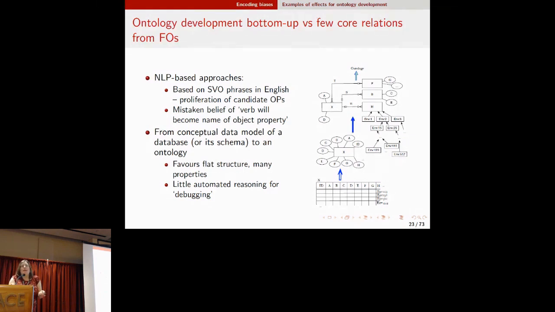And that is the foundation, basically, of relational databases. They are called relational for a reason. But with that kind of flat structure, again, you get a lot of those candidate object properties, and you get a flat structure which is not interesting for automated reasoning, so you will not be able to find mistakes that way, because it won't be able to derive much from that.